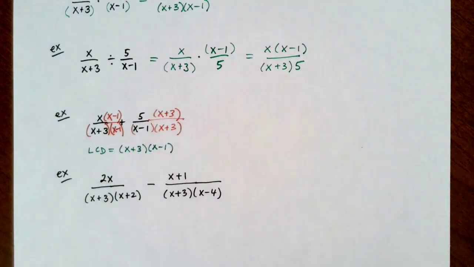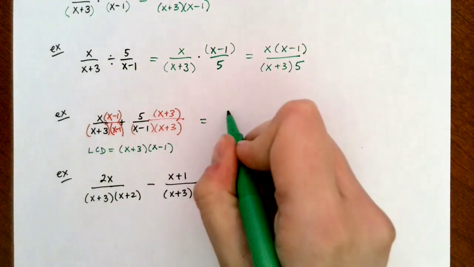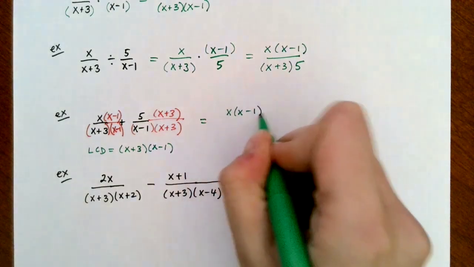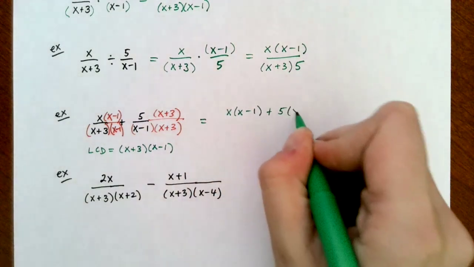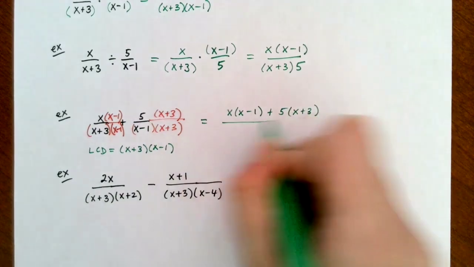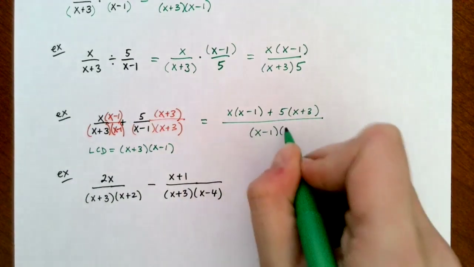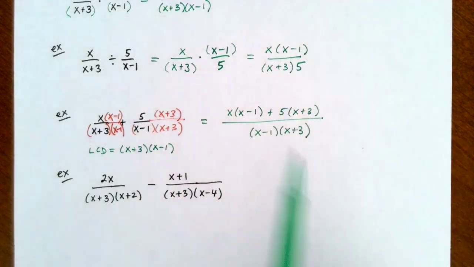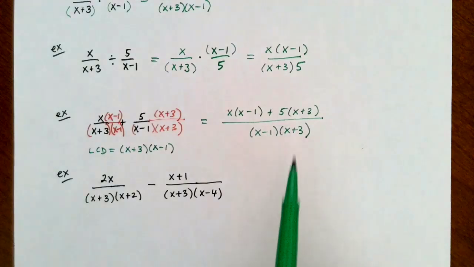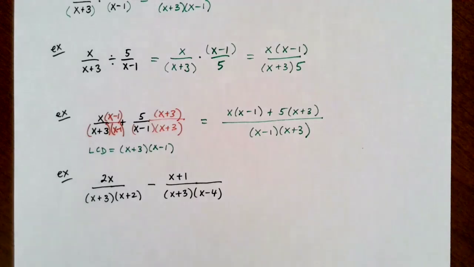Now that these fractions have the same exact denominator, I can add across the top and then keep that denominator. So on the top, I have x times x minus 1 plus 5 times x plus 3 over the common denominator. And I can have these two factors in either order, it doesn't matter. And again, I'm going to stop here and not do any elaborate simplifying.